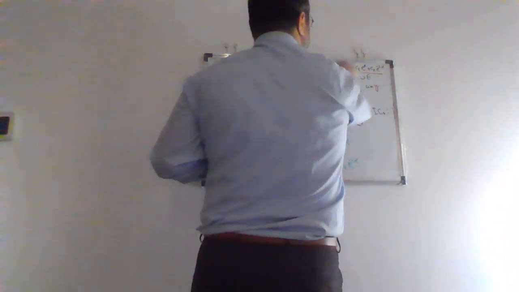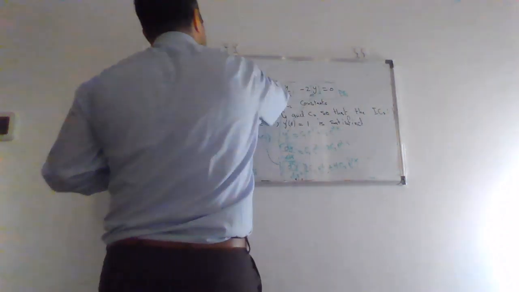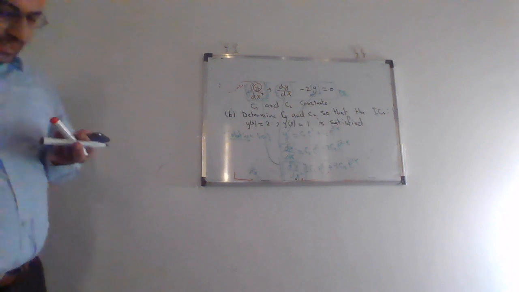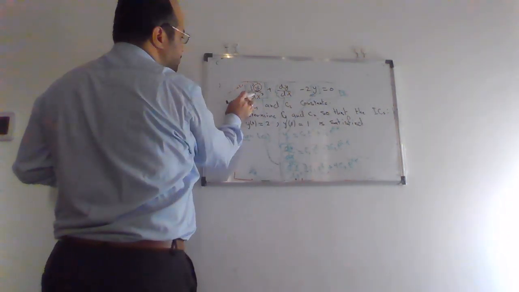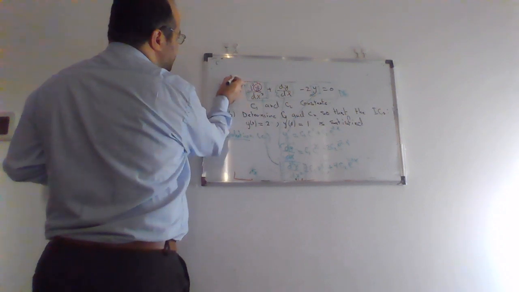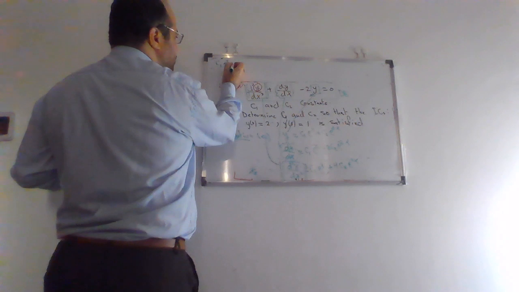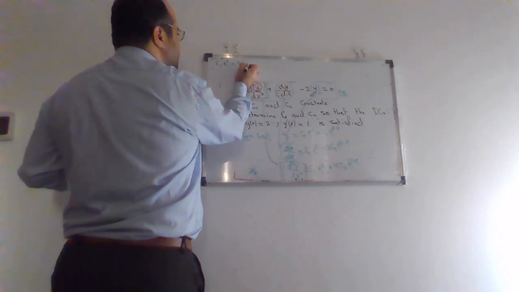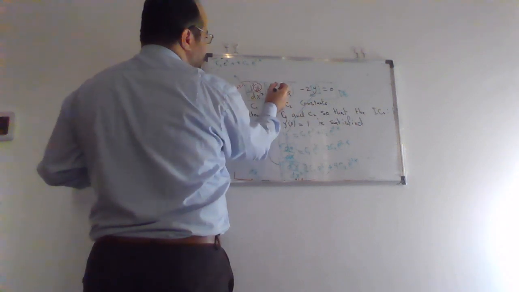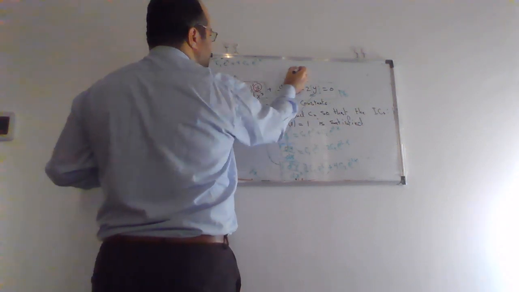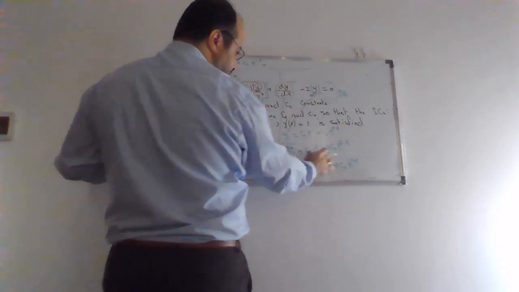Let me keep this for a moment. So let's go and check. Second derivative is c1 e power x plus 4 c2 e minus 2x. I'm writing this now. Is it plus? Yes, it is plus. Now, what is the first derivative?